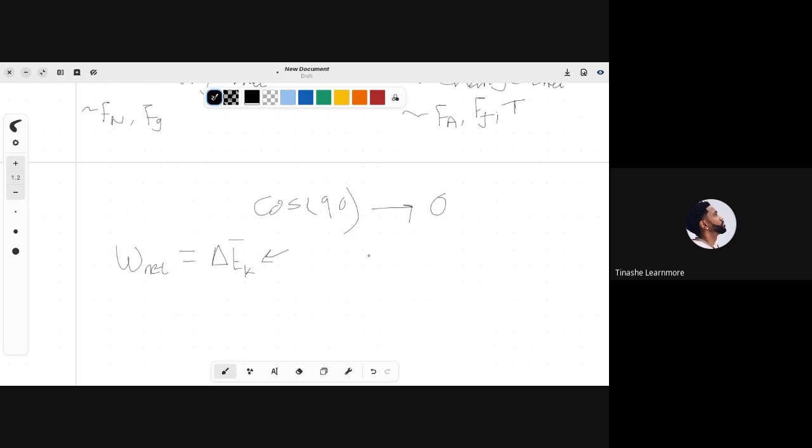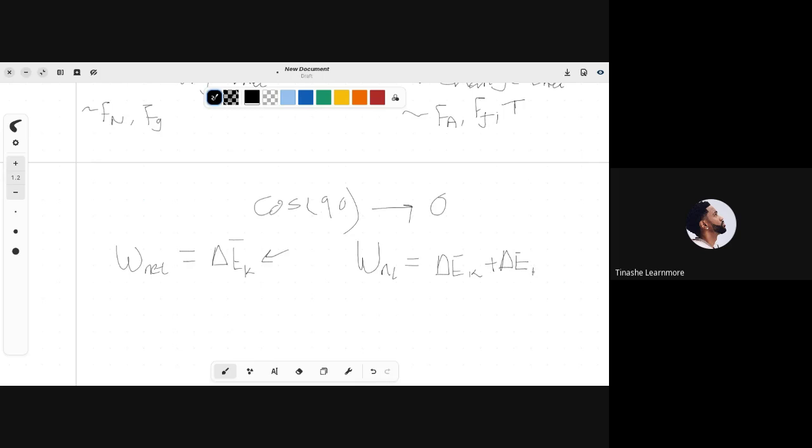Another equation that we regard as a work energy principle is work done by the non-conservatives is equal to the change in mechanical energy, so W_NC is going to be delta EK plus delta EP.